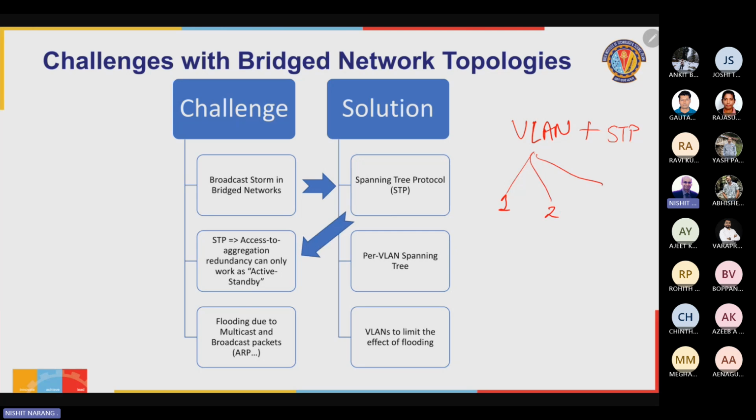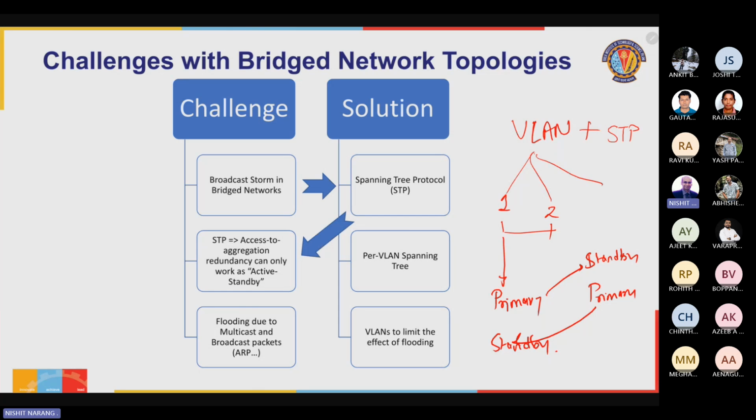VLAN 2 uses a different spanning tree protocol, in such a way that the primary links being used by VLAN 1 are the dotted or secondary standby links in VLAN 2. And the primary or active links of VLAN 2 are actually the dotted or standby links of VLAN 1. Do you get what I'm saying?